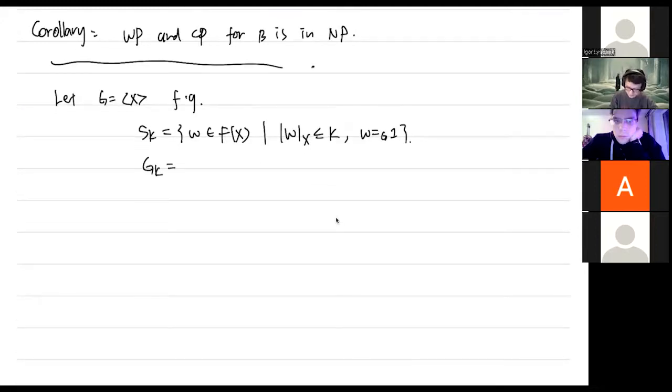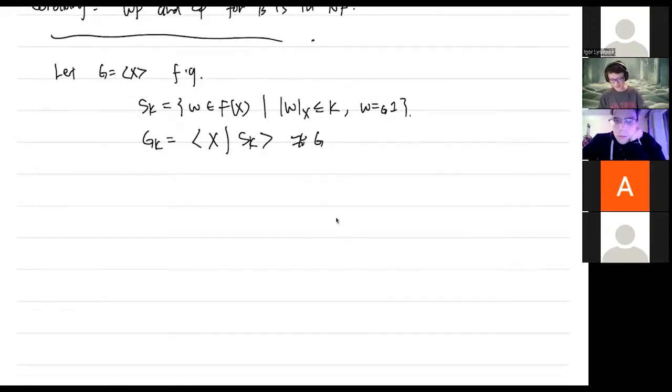We can define a finitely presented group G_k, given by the generating set and the relator set S_k. This group may not be isomorphic to G. If G is finitely presented, it will eventually become G. But if G is not finitely presented, G is the direct limit of this: all the G_k form a direct system, and you take the direct limit and you have the group G.